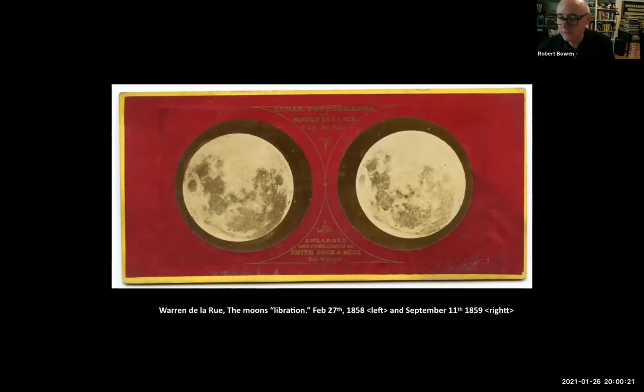The moon is always facing us in the way we know it to face us, and the dark side of the moon always faces away from us, right? But over the course of a few months, there's something called libration, and the moon kind of wiggles. And if you catch the moon at the limits of its libration, then you can convert that movement into a stereoscopic image. And that's what this represents.